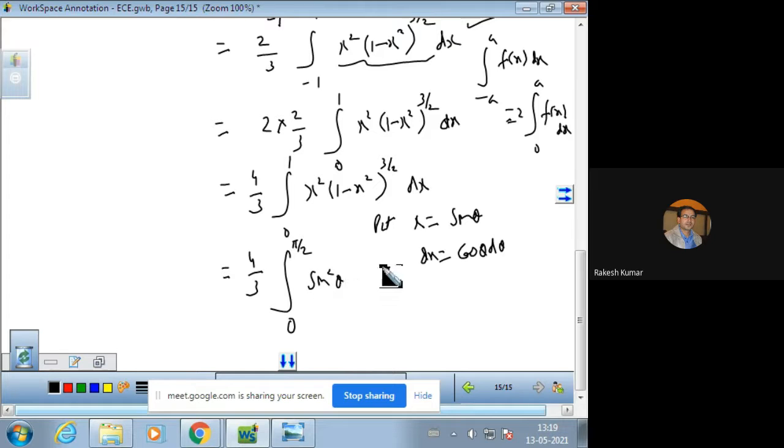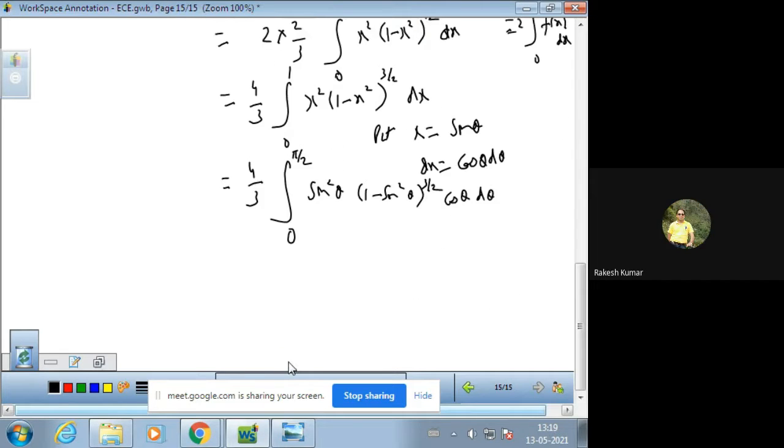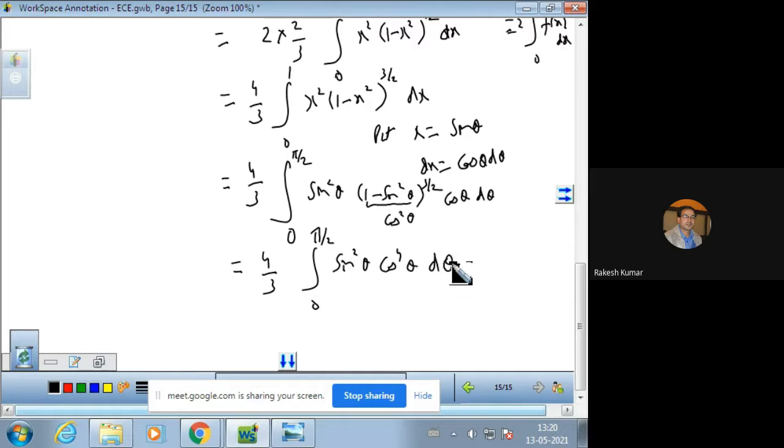So that is sine square theta, and this comes out to be 1 minus sine square theta raised to power 3 by 2 into cos of theta d theta. Now you have 4 upon 3, 0 to pi by 2, sine square theta. Now 1 minus sine square is cos square, so you will have cos cube left over here. Cos cube theta into cos theta will be cos to the power 4 theta d theta.